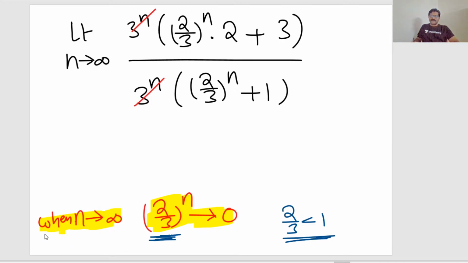That's why whenever n tends to infinite, (2 by 3) whole power n tends to 0. That's why I have taken 3 power n common.